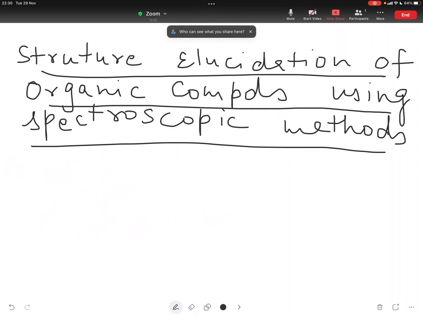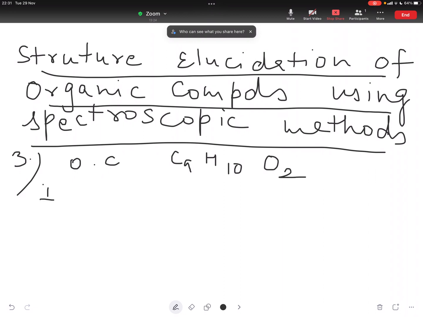Now the third problem is that an organic compound is given to us, which is a colorless liquid. Molecular formula is C9H10O2.